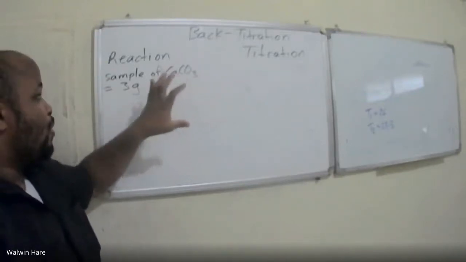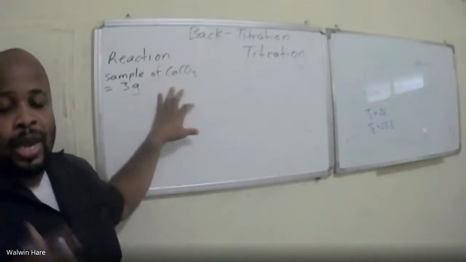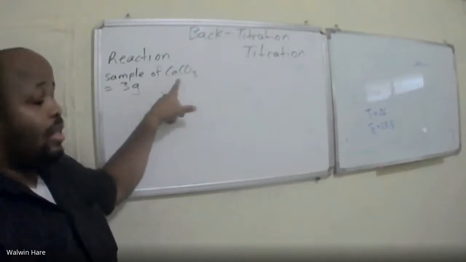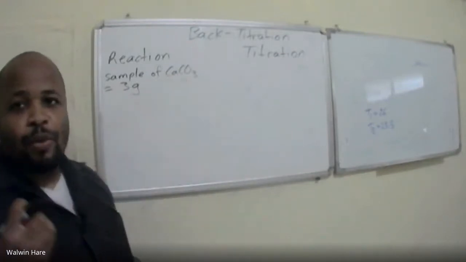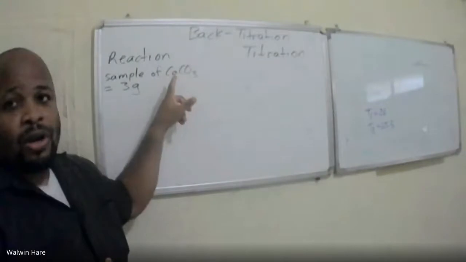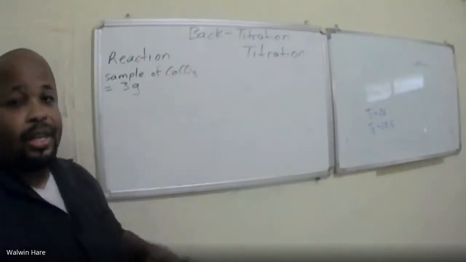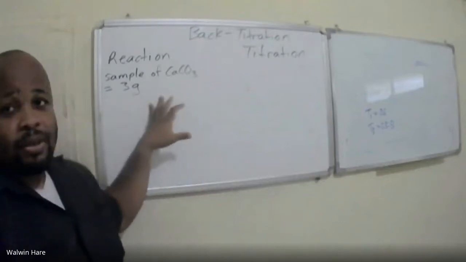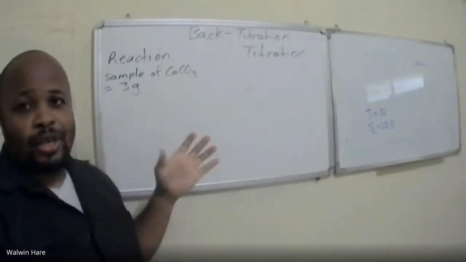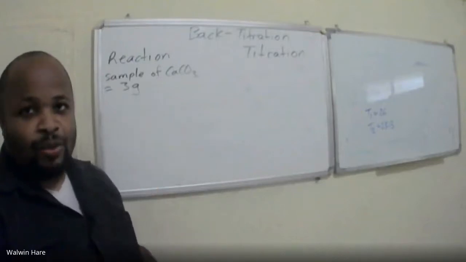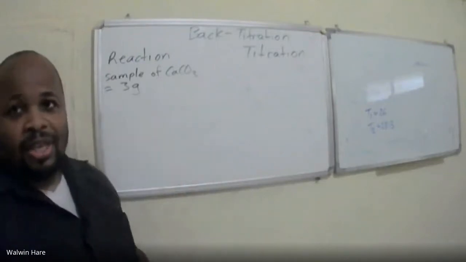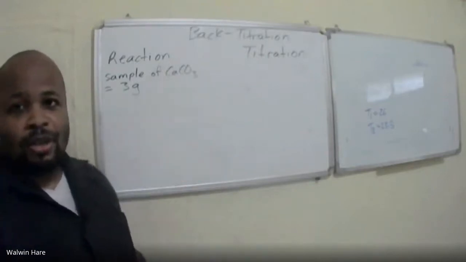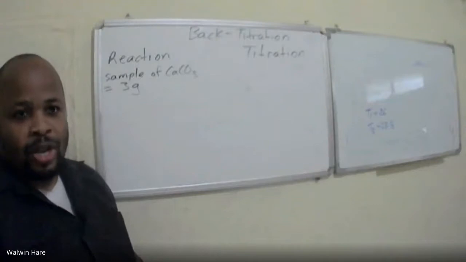We have to react it with excess acid to ensure that all of the calcium carbonate reacts. Remember, we are calculating the amount of calcium carbonate present in the sample. If not all of it reacts, our calculations will not be accurate.